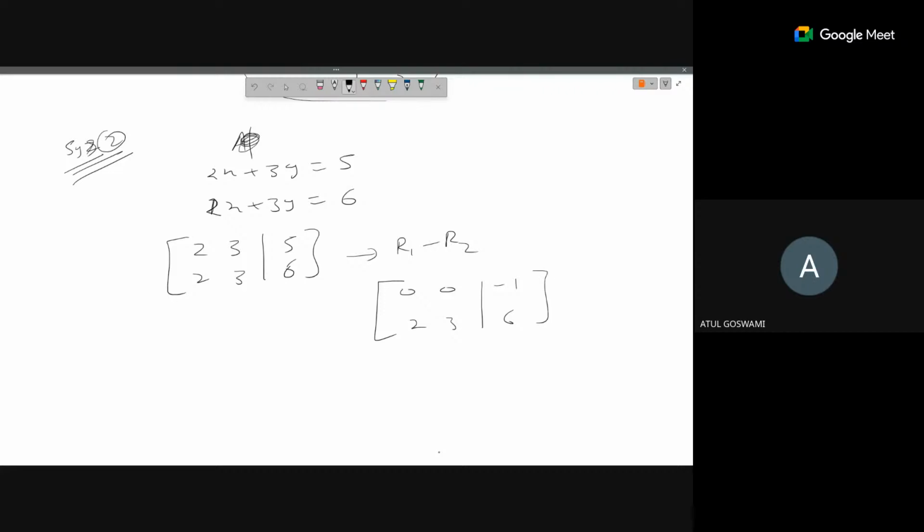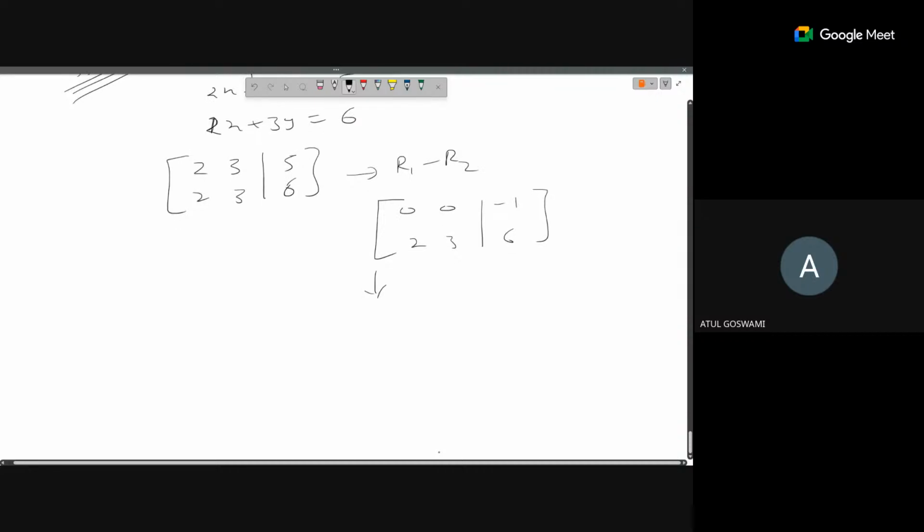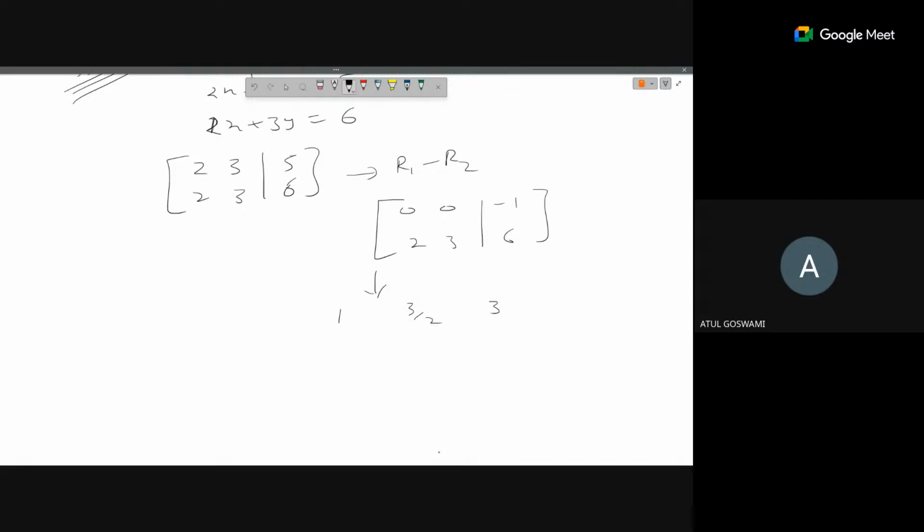So this is the 0 row, or we can multiply the second row by 1/2 and keep it at the top. So this is 1, 3/2, 3, and the first row, 0, 0, or we can multiply this by minus 1, so this is 1.